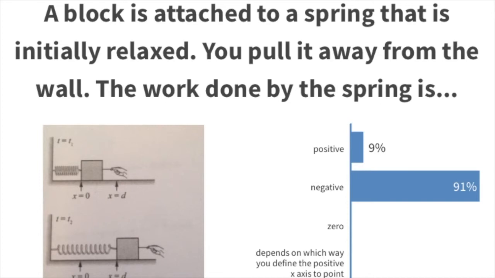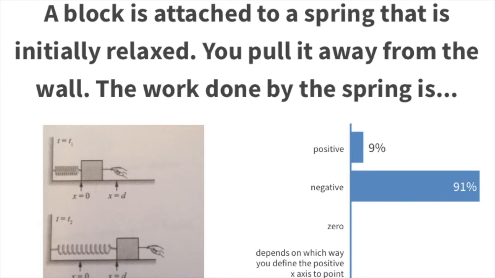And we can use the work-kinetic energy theorem to say that that's equal to the total work. All right, so the total work then is 0. So in that case, whatever positive work you do is canceled out by the negative work of the spring.